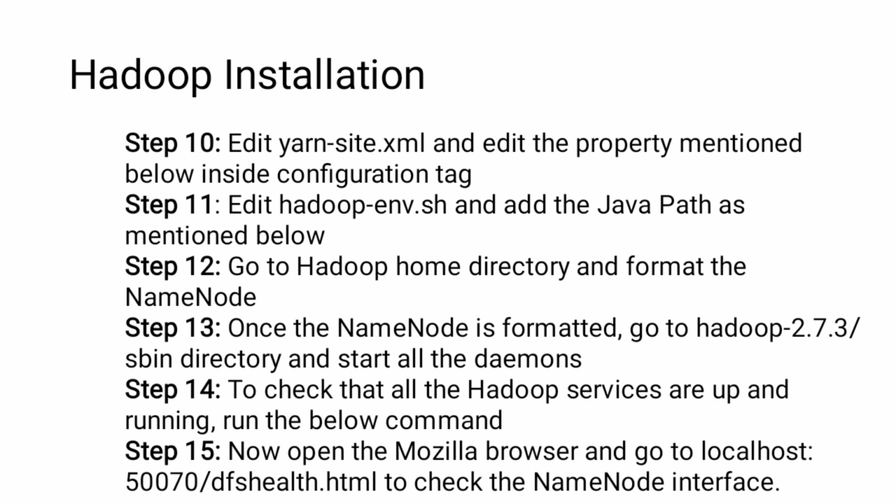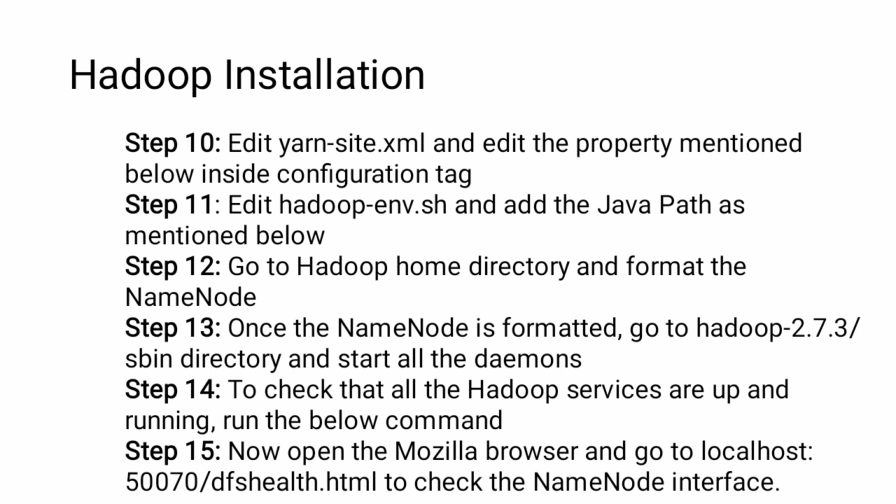Step 11. Edit hadoop-env.sh and add the Java path as mentioned below. Step 12. Go to the Hadoop home directory and format the name node. Step 13.